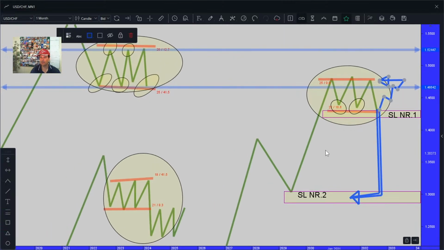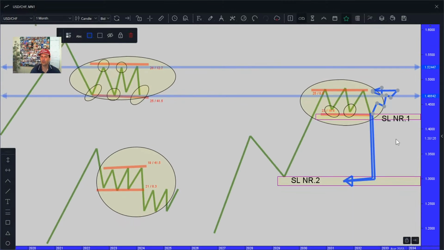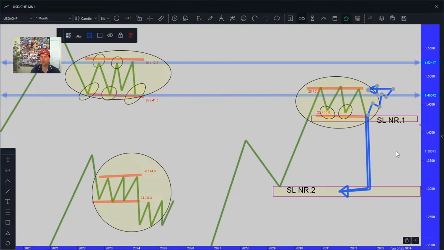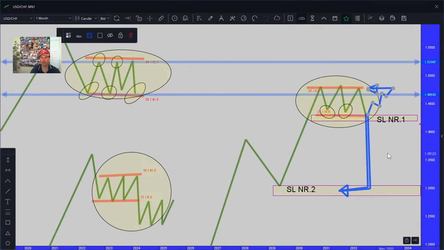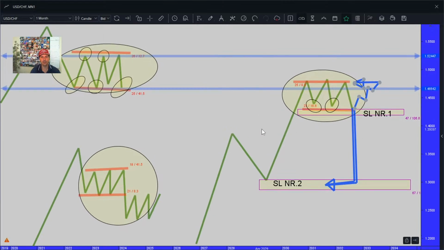What do you think? The stop loss goes on the pattern traded, therefore I will put the stop loss at number 1. You can, I'm not saying right or wrong, but you know that you're at extension, right?